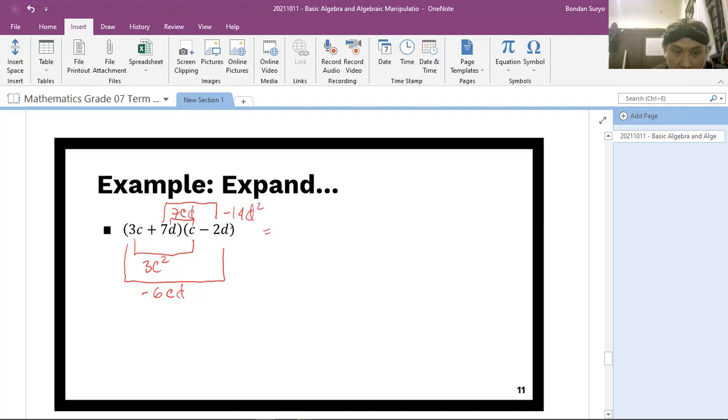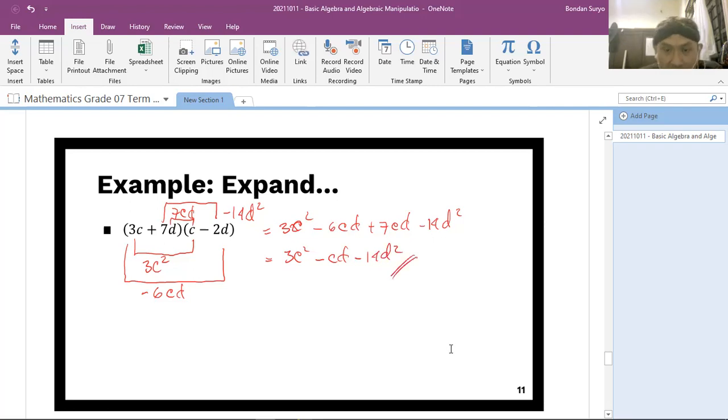Then 3c squared, negative 6cd plus 7cd minus 14d squared. Can we simplify? Yes, negative 6cd plus 7cd equals cd. And negative 14d squared. Boom.